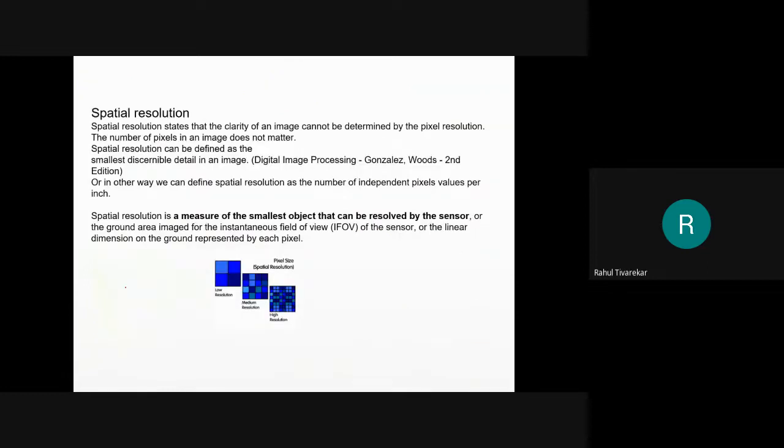So, the example of spatial resolution, as I said earlier: here this is a low resolution image. There are only 4 pixels. This is a medium resolution image which has 16 pixels instead of 4. Now I am using 16 pixels, and this is a further higher resolution image. Instead of 16, I am now using 64 pixels.